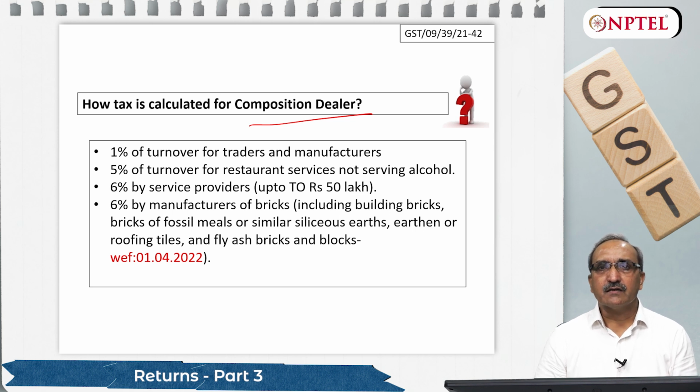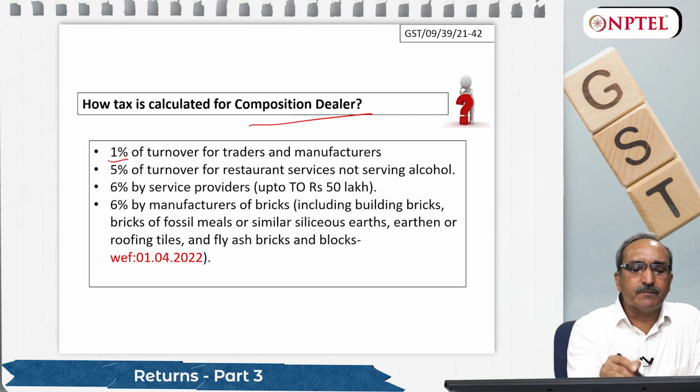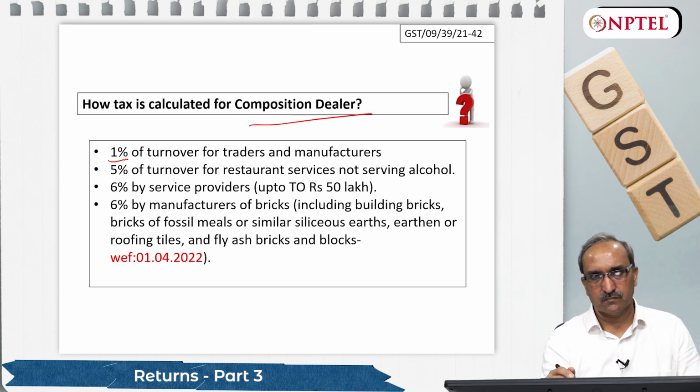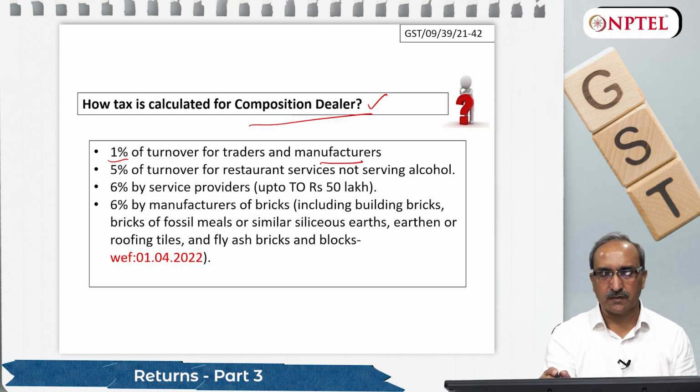So if they are dealing in goods or are a manufacturer, he will pay 1% tax on his total turnover. So if any composite dealer having turnover less than 1.5 crore is a manufacturer, he will not charge any tax in his invoice to his customer.